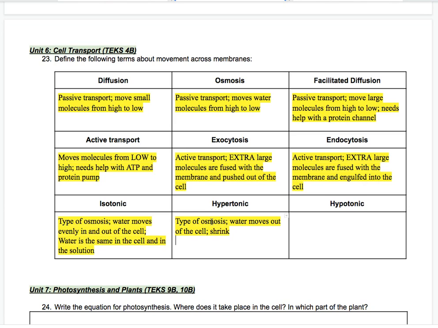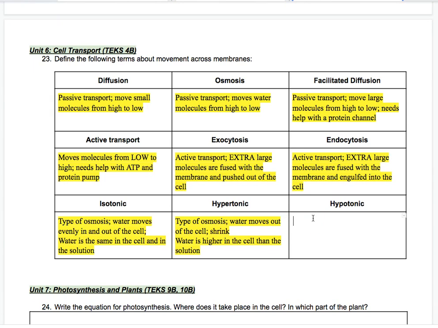When this happens, it's because the water concentration is higher in the cell than the solution. So again, water through osmosis goes from high to low. So if water's higher in the cell, it's going to go from the cell to the solution. So it's going to leave the cell.